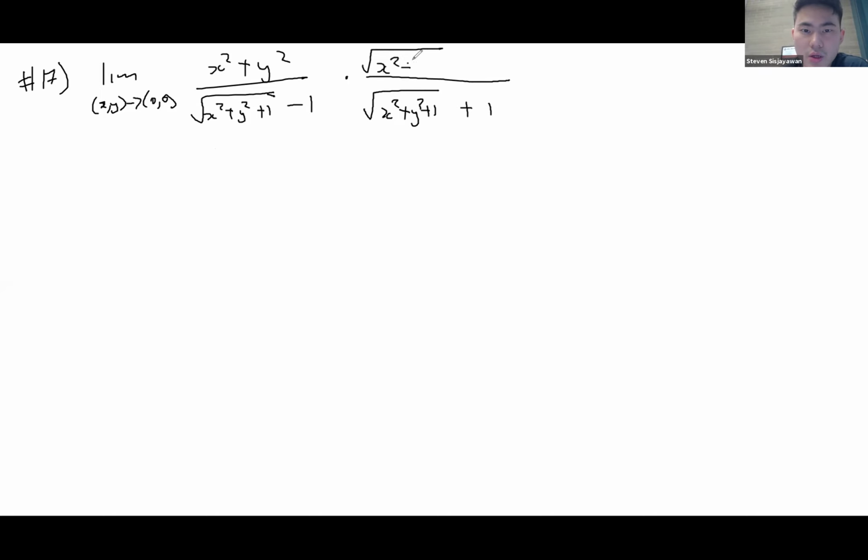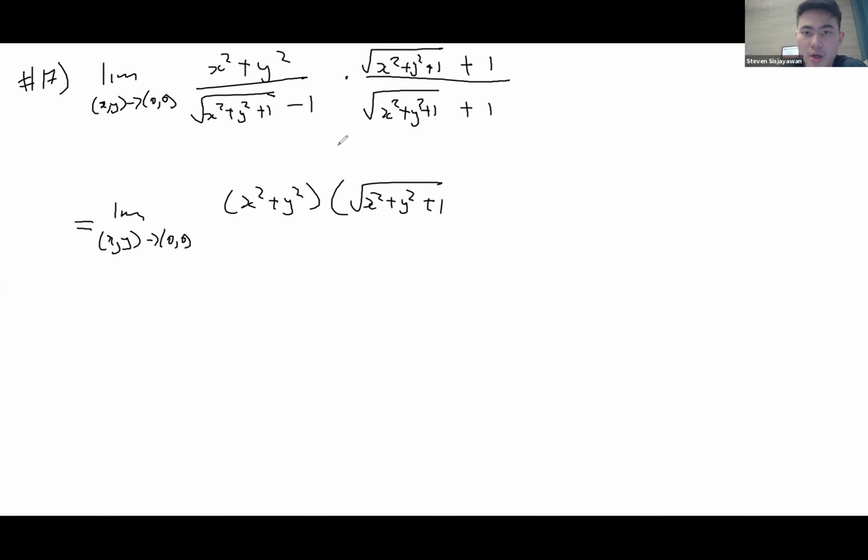I'm thinking this should help. So we have the limit as (x, y) approaches (0, 0), and the numerator is going to be x squared plus y squared multiplied by the square root of x squared plus y squared plus 1.